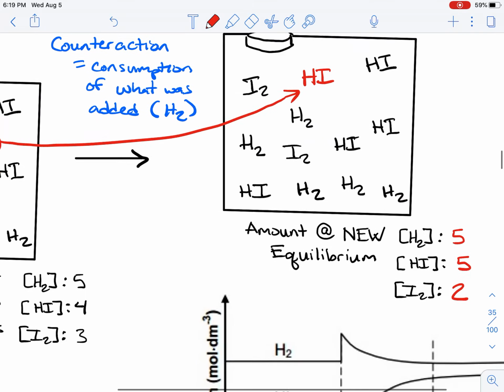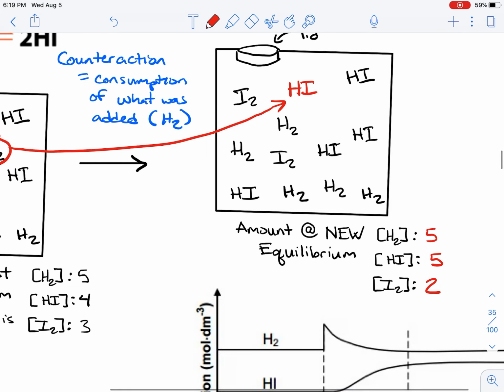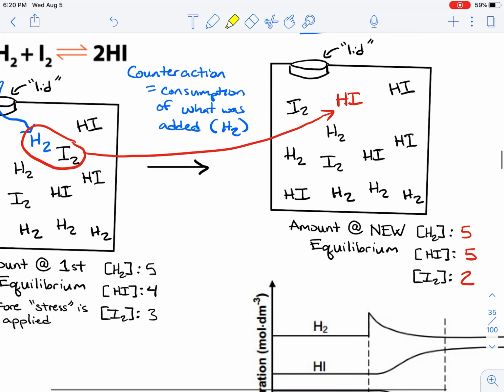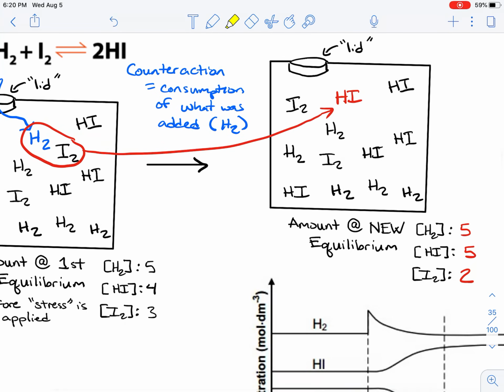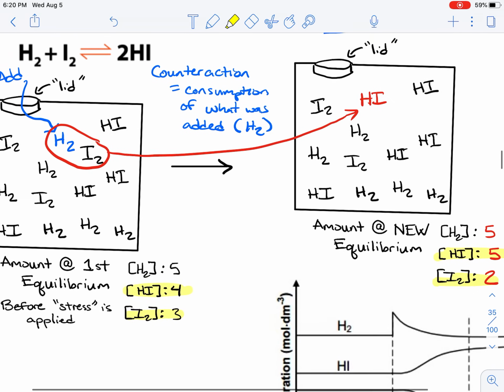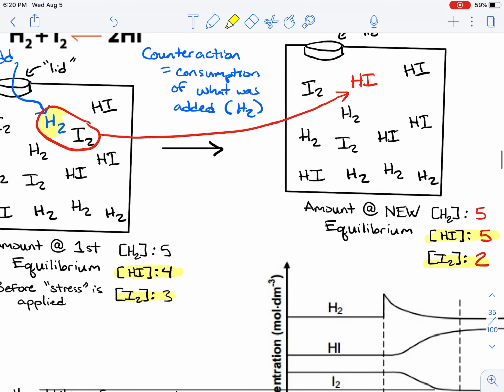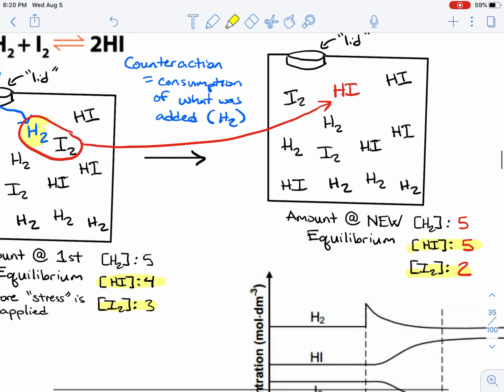All right, so let's take a look at what really changed between the first equilibrium and the new equilibrium. I want you to notice that the concentration of HI effectively increased at the cost of the consumption of I2. H2 was also consumed, but we're not counting it.